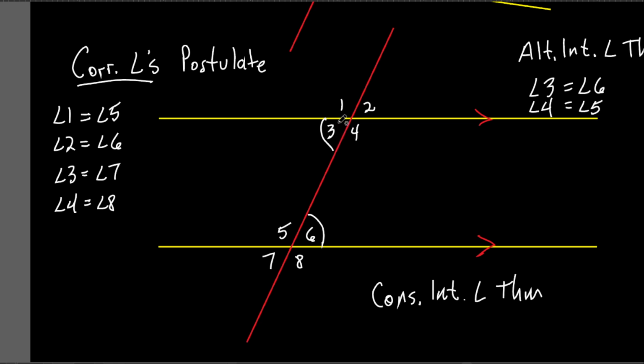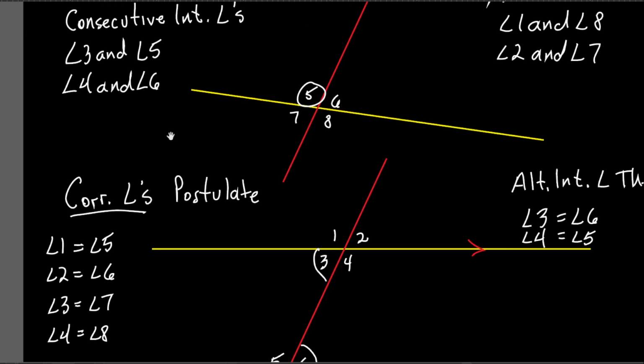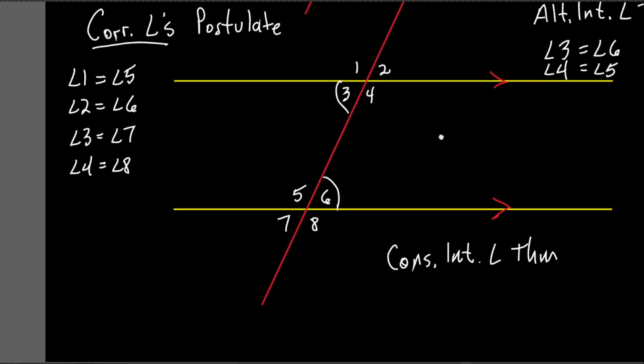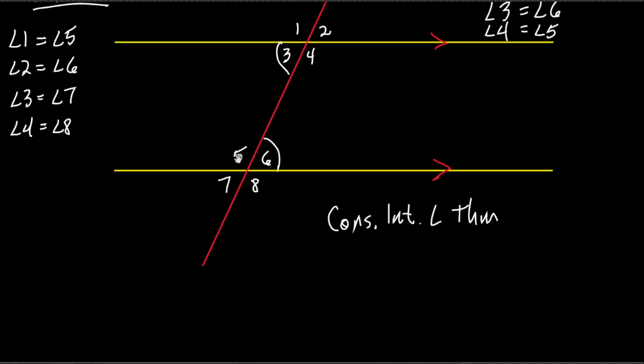What kind of an angle is angle 3 right here? As far as less than 90, greater than 90, that kind of thing. What do you think? Right there. 3 and 5, 4 and 6. Okay. So 3 and 5 are consecutive interior angles, and 4 and 6 are consecutive interior angles. But the question is, are they equal to each other, like the other stuff was? Right? Not every single one of these angles are equal to each other. Would you agree? All right.